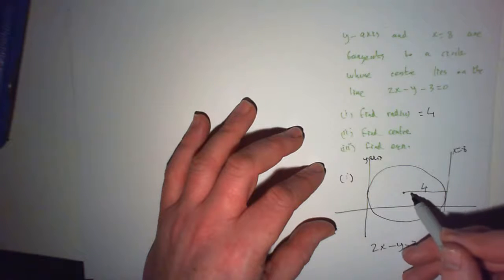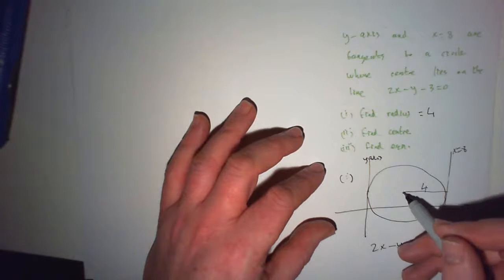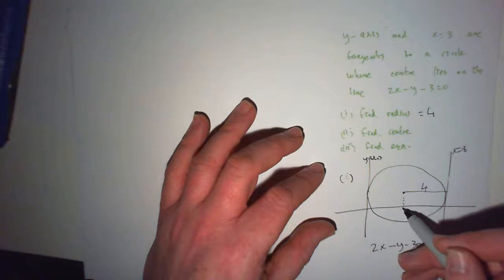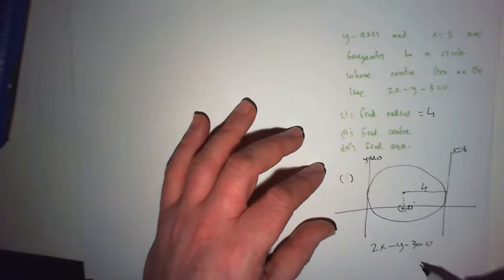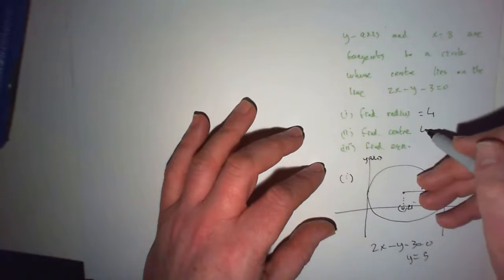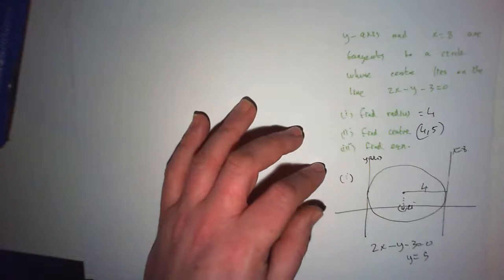We know x has to be 4, so if I put 4 in there, I should get the y component. 2 times 4 is 8, 8 minus 3 is 5, so y is equal to 5. So the center of my circle is 4, 5. So far so good.